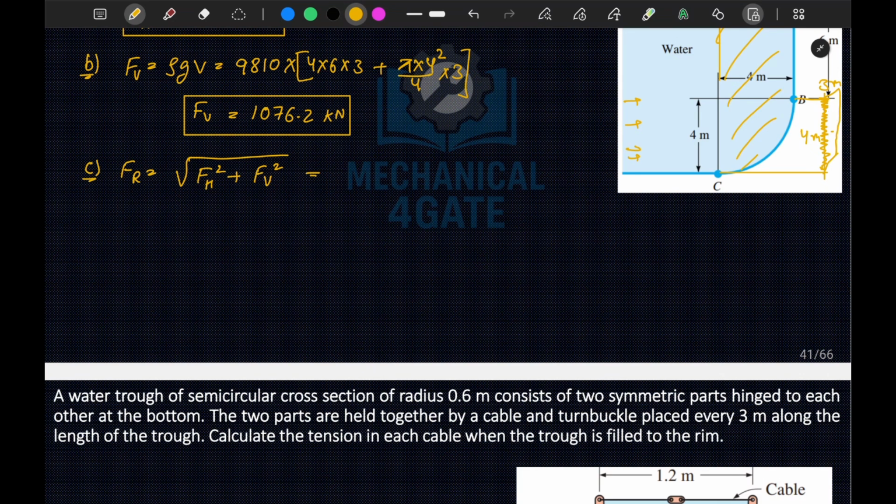This comes out to be the resultant force or total hydrostatic force equal to 1430.07 kilonewton. So this is your resultant force.